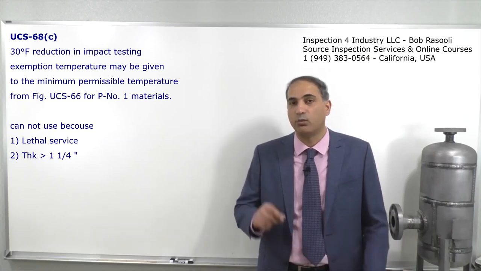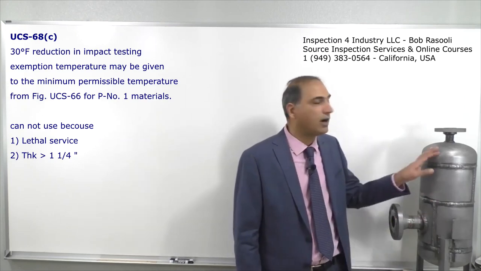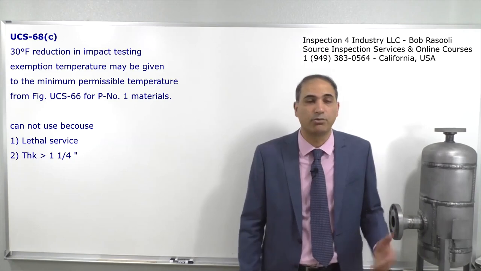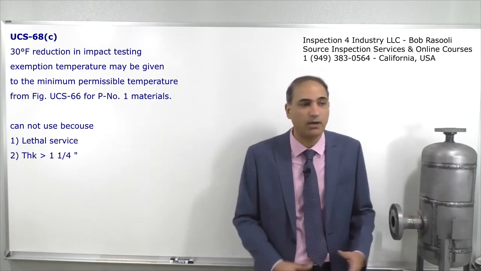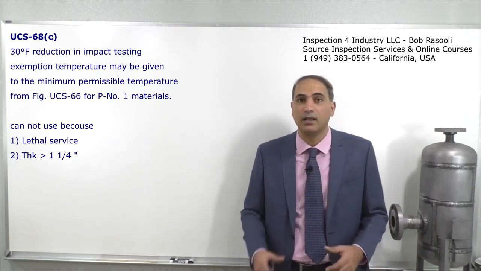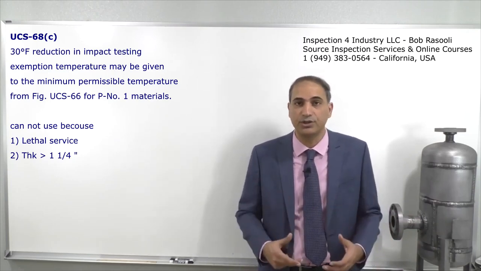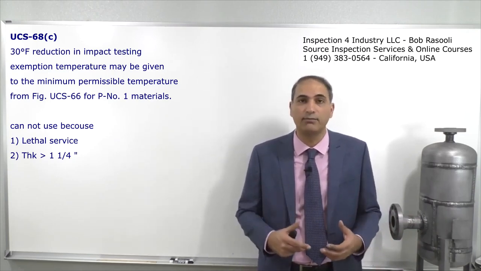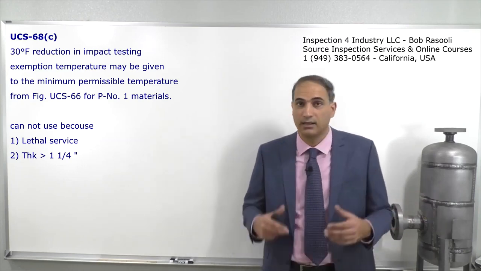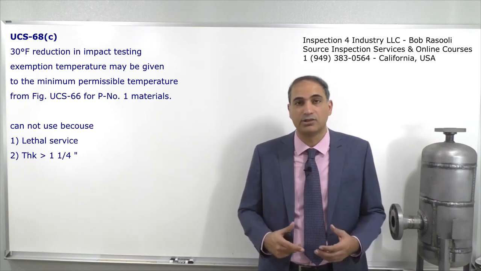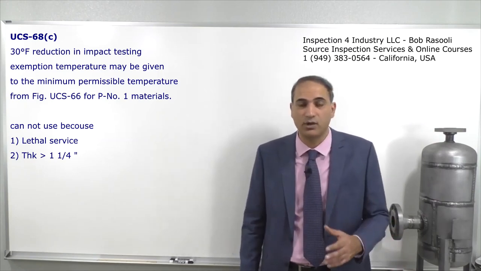But there's one issue in here. We have a requirement for post-weld heat treatment for this certain pressure vessel. If you remember, our pressure vessel is in lethal service, toxic material, and it was a code requirement to perform post-weld heat treatment when your service is lethal. So we can't use this choice.